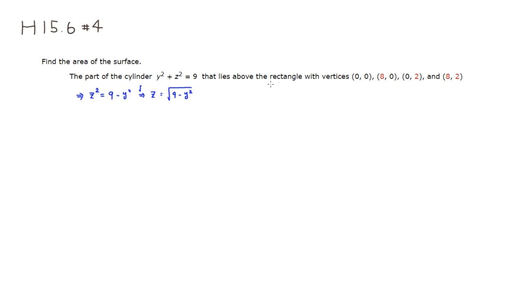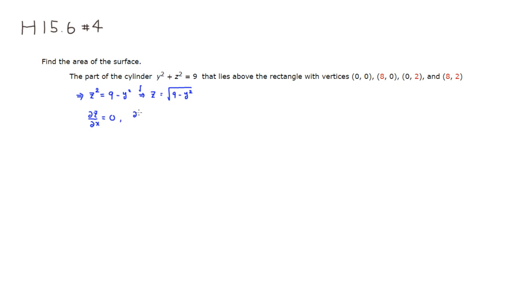Since we're talking about the part of the cylinder that lies above the rectangle, I'm going to use the positive one. Now we need the partial derivative of z with respect to x, which is easy because there's no x in there. So the partial derivative is 0.